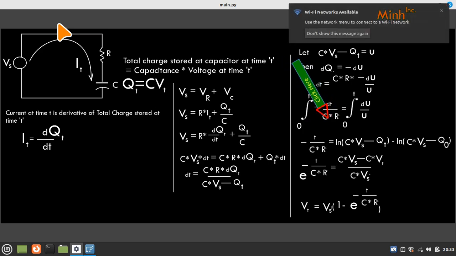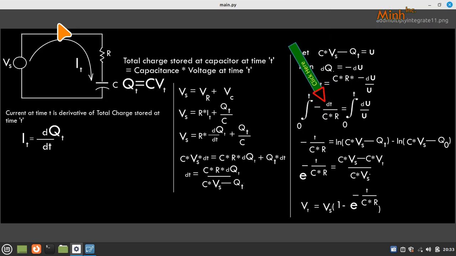So I am doing integration of minus 1 by CR dt over the time t. So we are calculating the area of a constant, meaning the time. And here we are calculating the area of U. U is a variable, dependent upon the voltage across the capacitance.